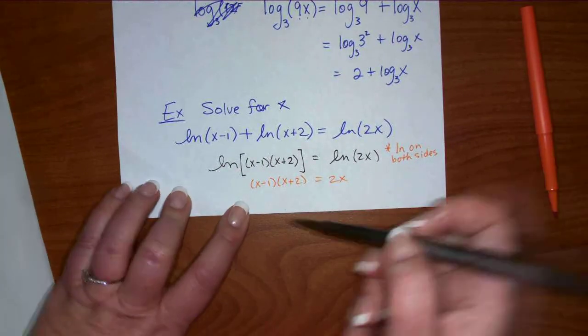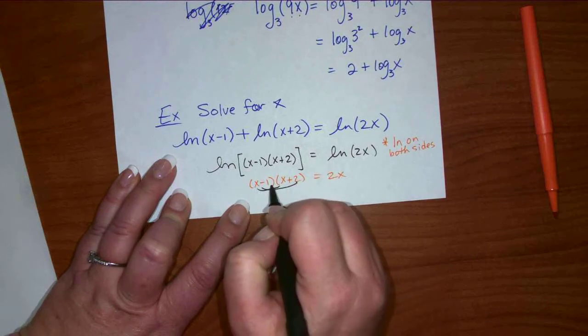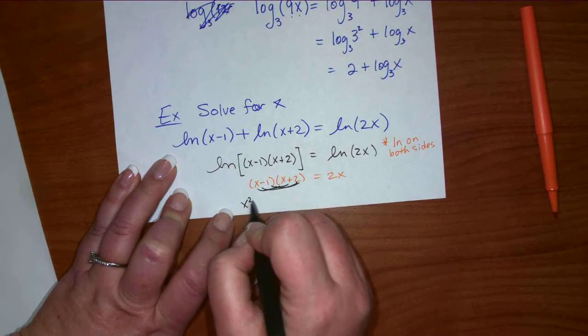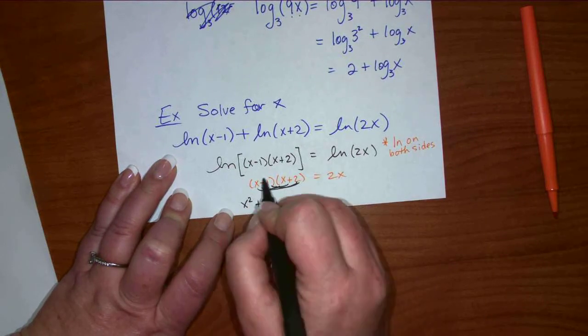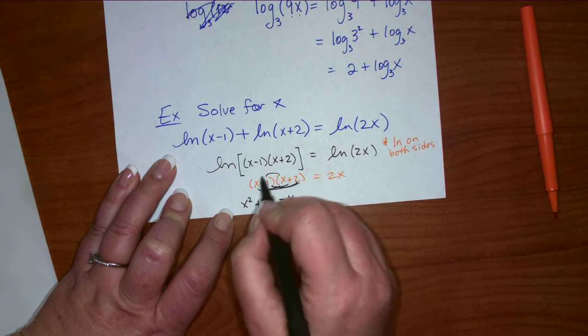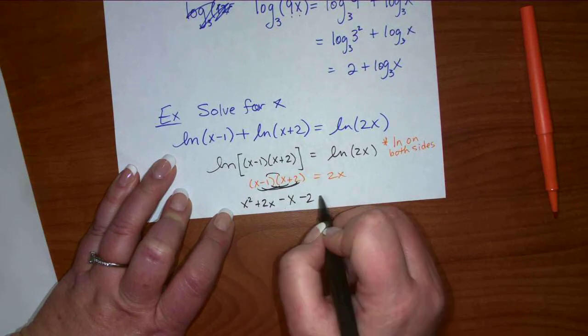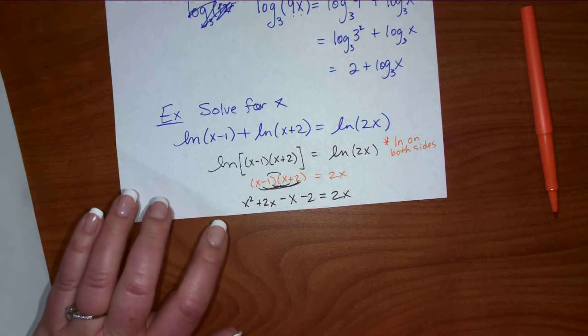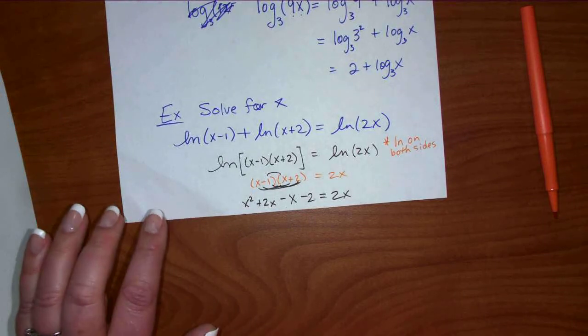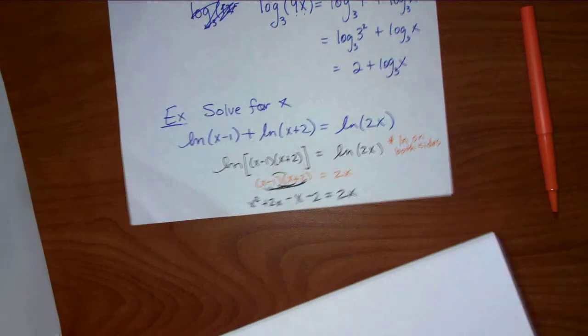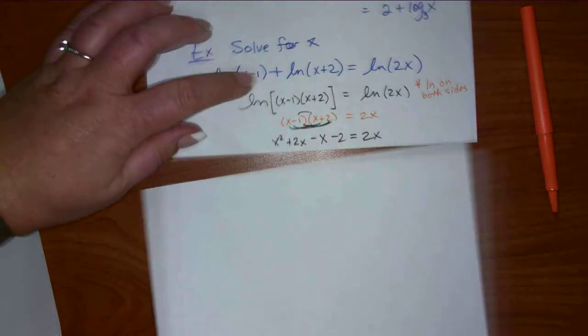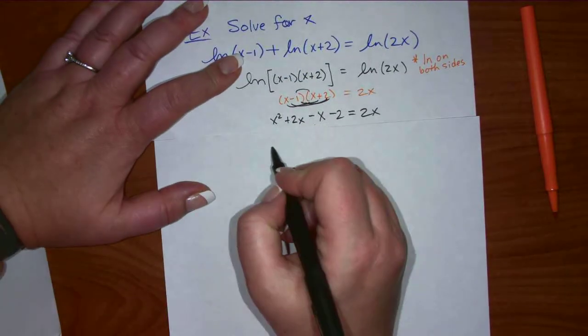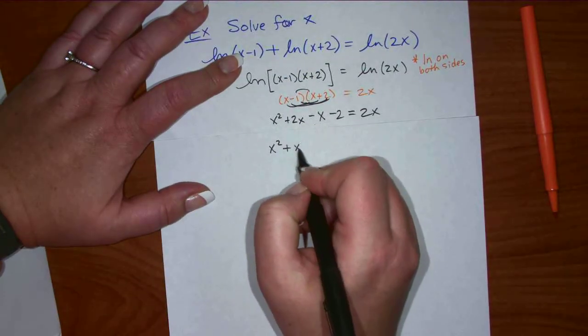So expand that. So x squared plus 2x minus x minus 2. So don't get excited if something looks like it's already factored. It has to have an equal 0 on the other side before you factor. So this will be x squared plus x minus 2.